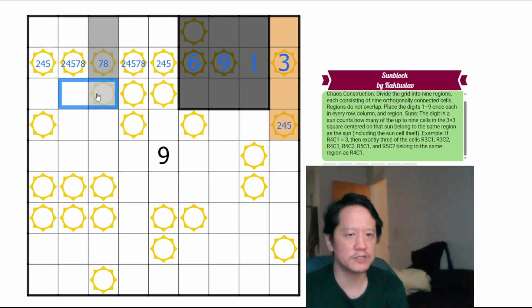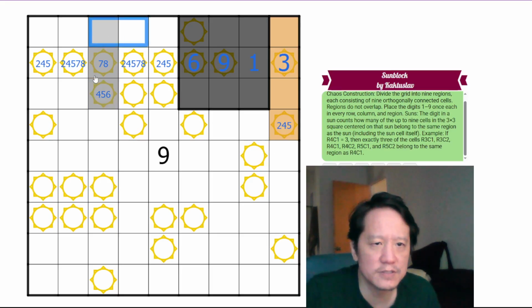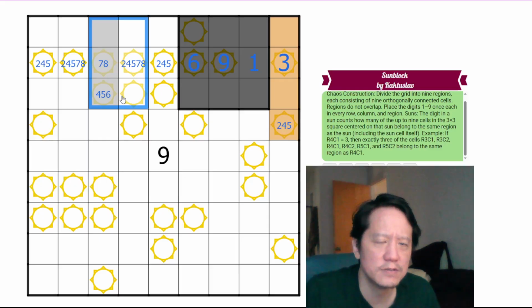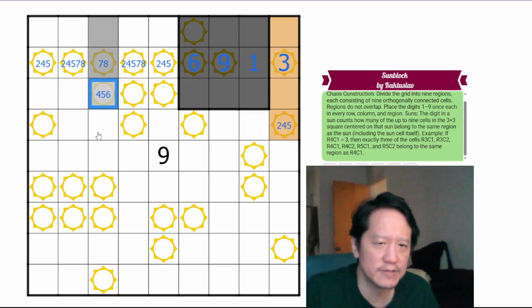So this is guaranteed 3 cells, 4 cells guaranteed here. So this is at least 4. And it could be up to 6 because, can it be 6? It could be 6. It could be something like that, potentially. So this is 4, 5, and 6.